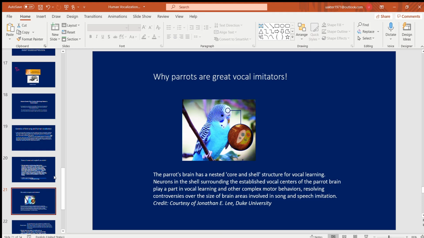It doesn't like the other songs. That means it won't like the songs from other species. It won't prefer to learn the songs from other species. It will learn the song from the parents of the same species.